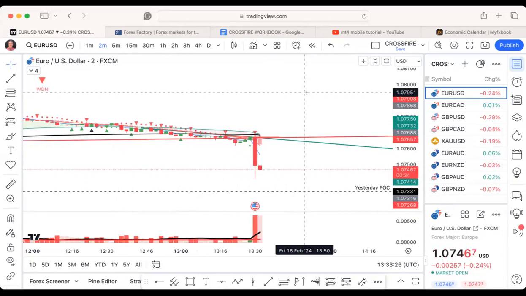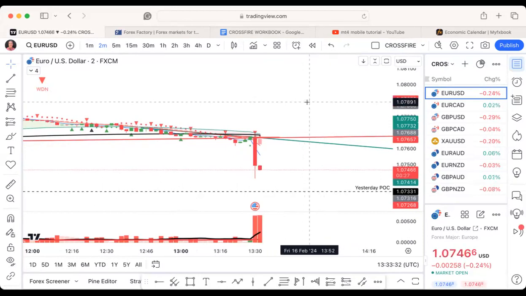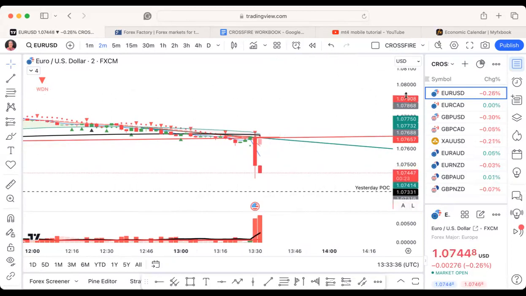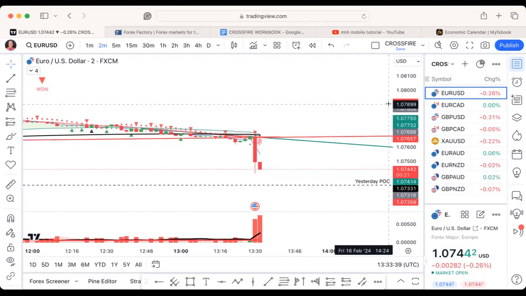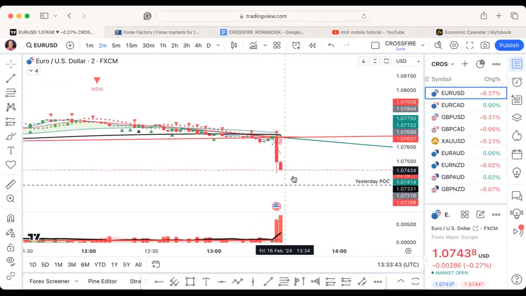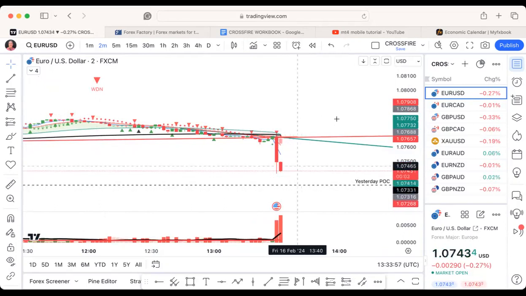If you were a trader in London or New York and it's Friday afternoon, you start to think about how you can tidy up your numbers before the market closes this evening. And you start to think about taking price down to yesterday's POC, for example, because you've got money sitting on the table over there from way back. So maybe price will go down to yesterday's POC.